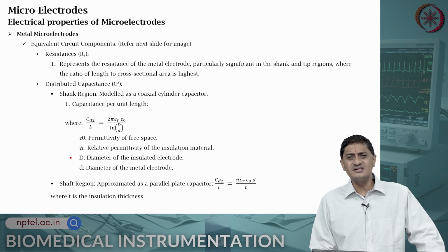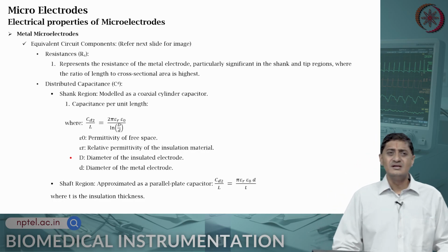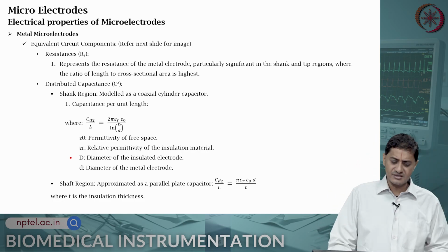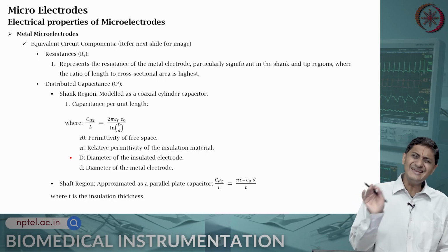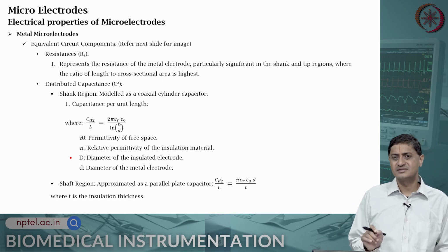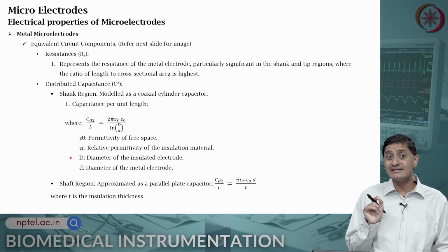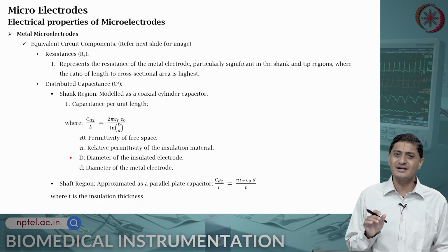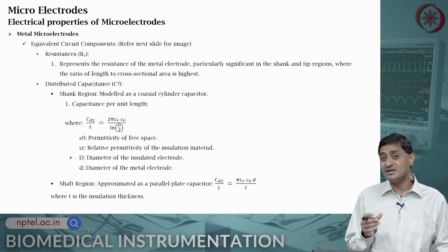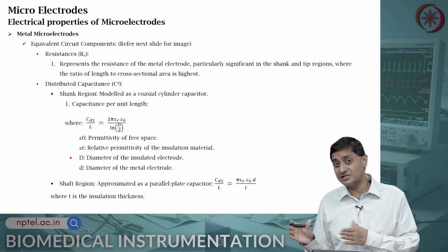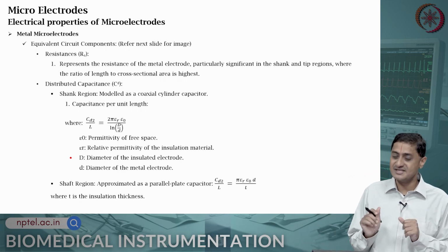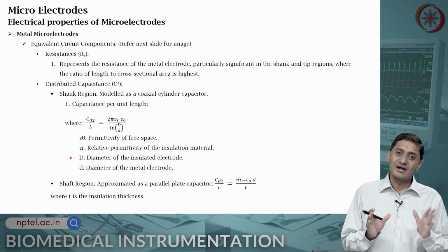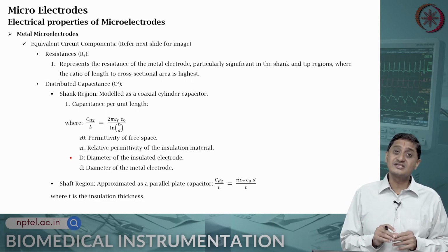It is particularly significant in the shank and the tip region, because the ratio of the length to cross sectional area will be very high, because the area is going to be really small, teeny tiny at the tip and at the shank. It is not going to be that way elsewhere, it is going to be much thicker. So, that means the resistance is going to be huge at the shank and the tip relative to the size, whereas much smaller at the rest of the electrode.